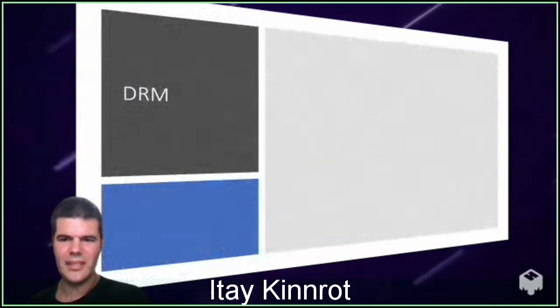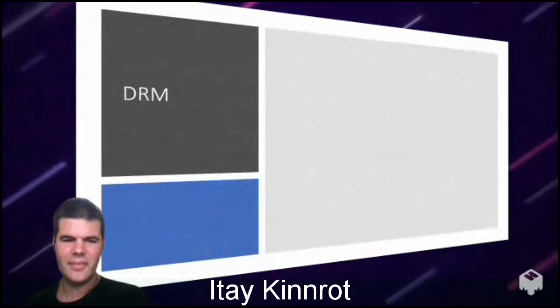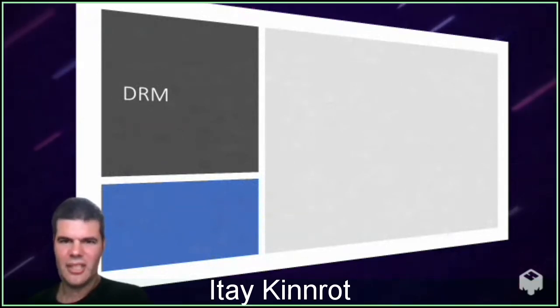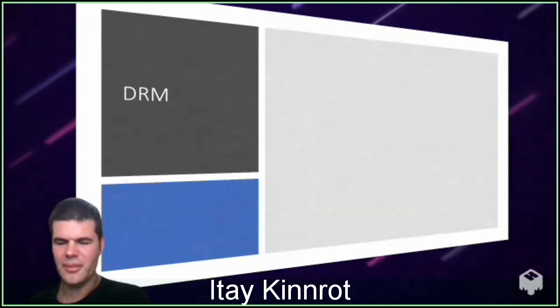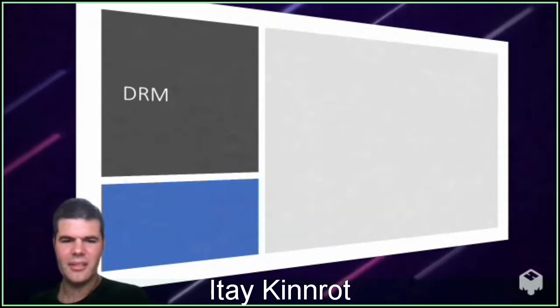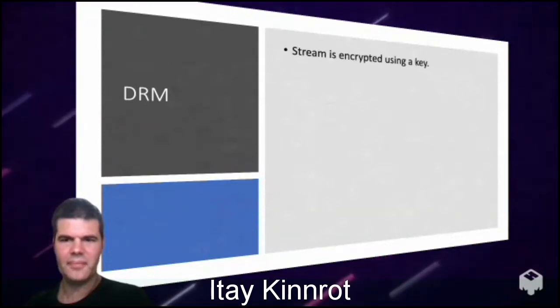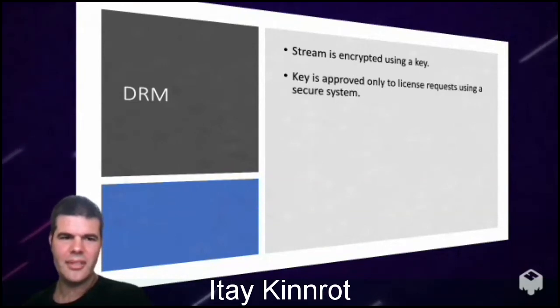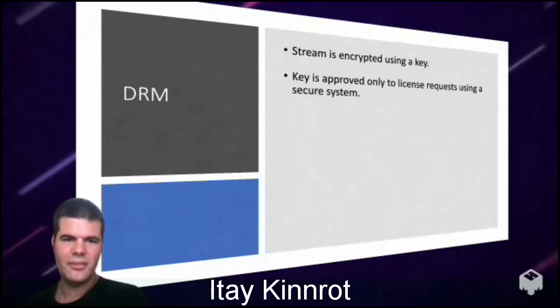And lastly, we have the DRM, the Digital Rights Management system. And this is something that's actually very popular in the videos that we see today. The stream is actually encrypted using a key, of course. The key is approved only for a license request using a secure stream.